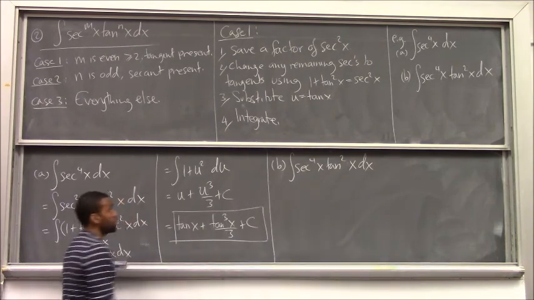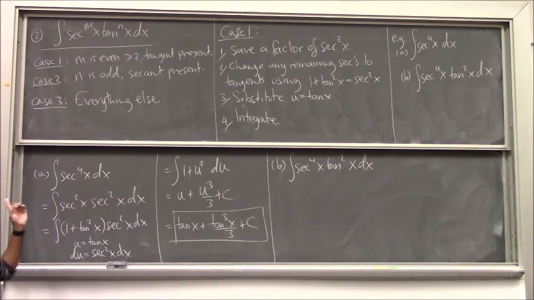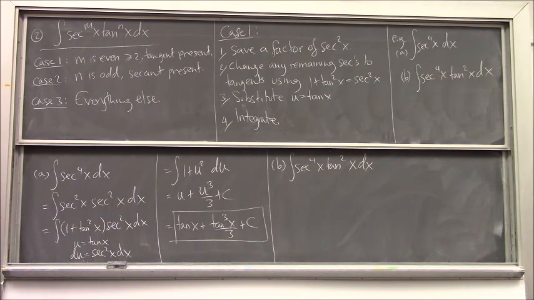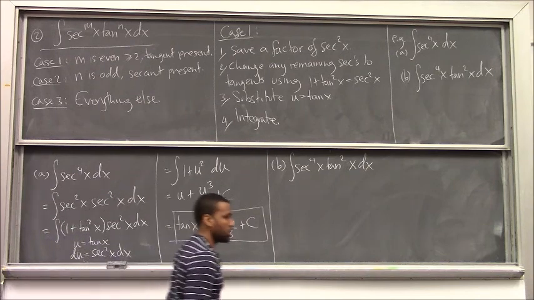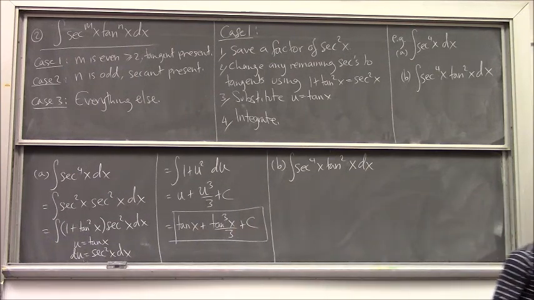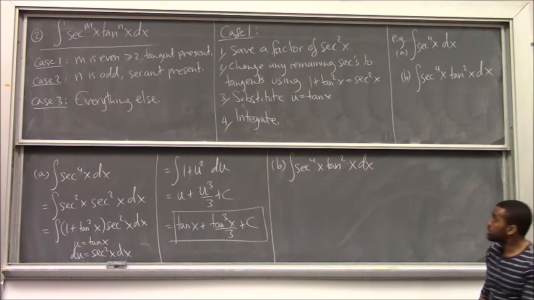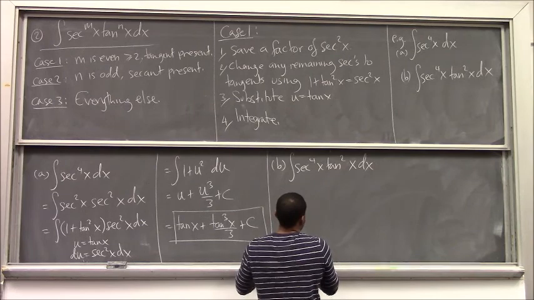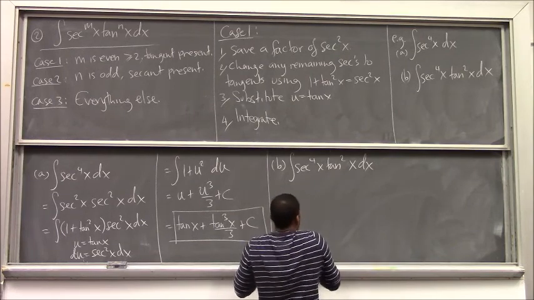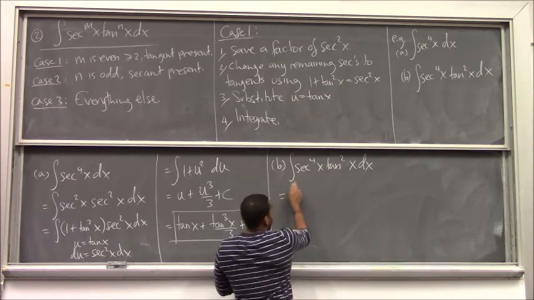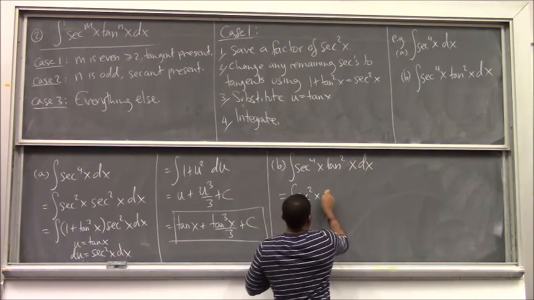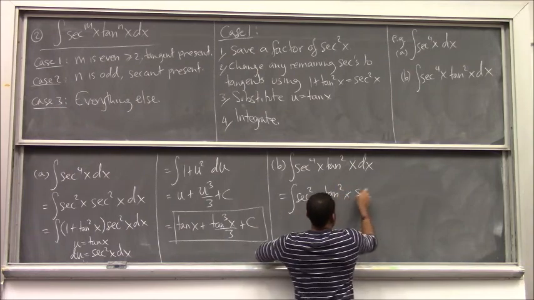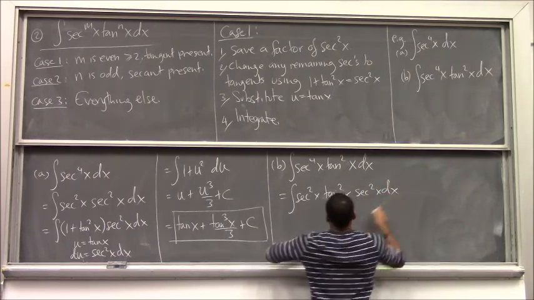These relatively quickly because probably case 3 is the case I really want to actually go a little bit slower with, and also the next topic after this. I really want to get to that. Let's just jump into this. Oh, same idea. Power of secant is even, greater than 2. There's a tangent around, which means a u equals tangent substitution can work out in our favor. Same thing I'm going to do is save the factor of secant squared and put this at the end.